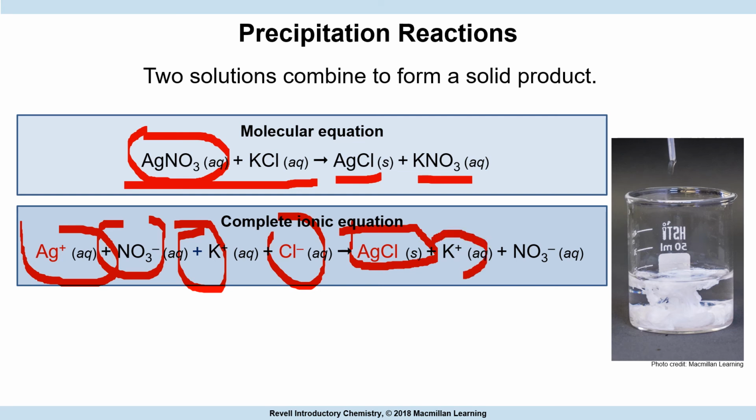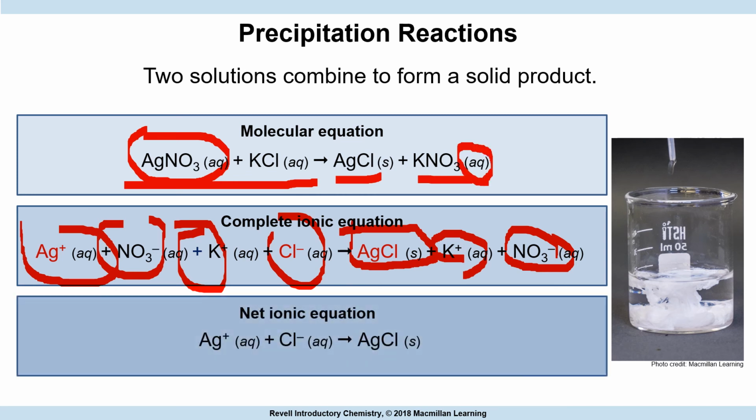But these are also as ions, because we have this right here, aqueous. If we wanted to write the net ionic equation of what really happened in this reaction, we boil it down to just this. Aqueous silver ion combined with aqueous chloride ion to form silver chloride solid.